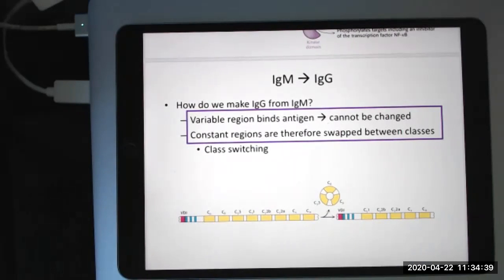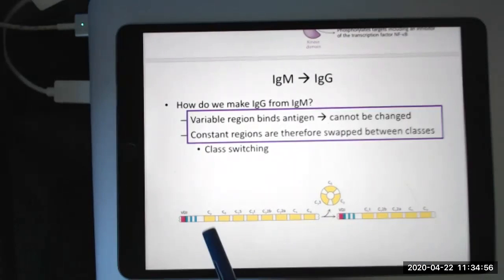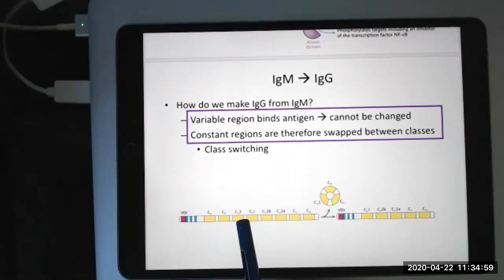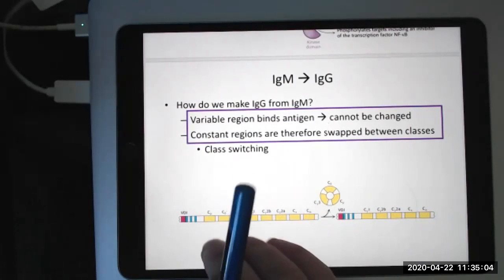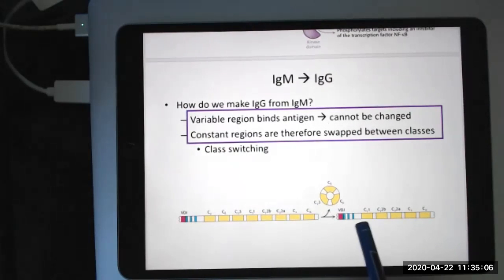So it doesn't have to completely remake the gene. I can't think of the term right now, but instead, those introns don't get expressed, and that part gets taken out, so you're only looking at the IgG portion of it.